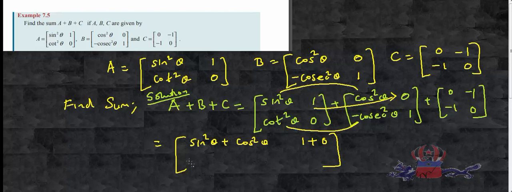Similarly, it's going to be cot²θ added with -cosec²θ, that would give us cot²θ - cosec²θ. And 0 is added with 1. Followed by, now I place the matrix C, [0, -1; -1, 0].